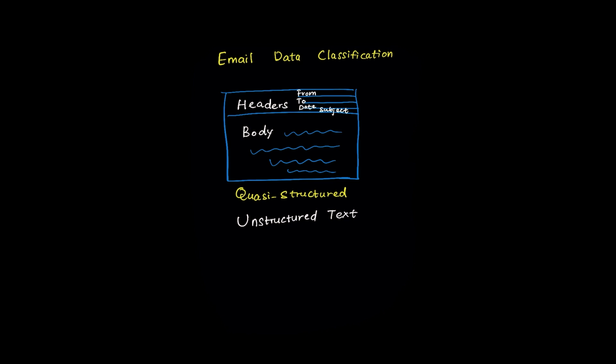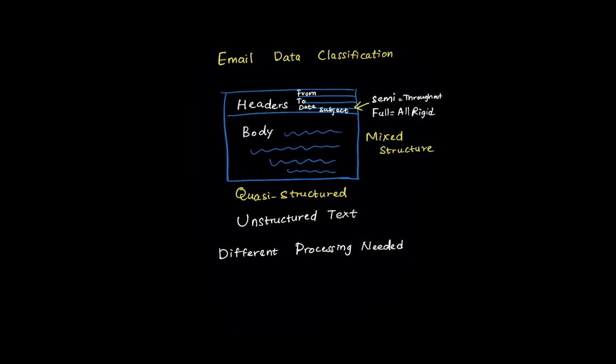This dual nature defines quasi-structured data. Semi-structured data like JSON has organizational properties throughout, while fully structured data requires everything to follow rigid schemas. Completely unstructured data lacks any formal organization. Understanding this classification helps choose appropriate processing techniques, using structured methods for headers while applying NLP to message bodies.